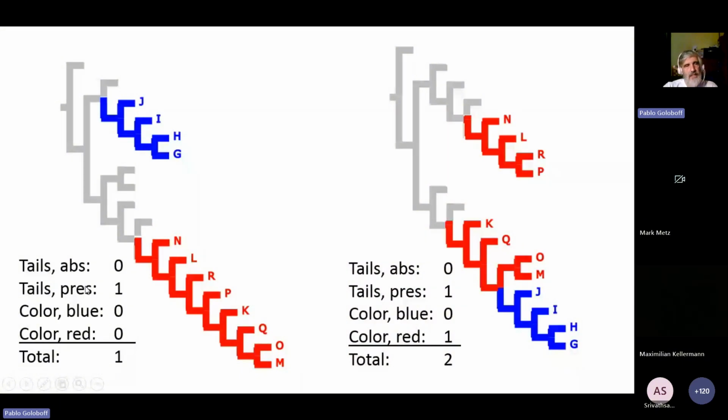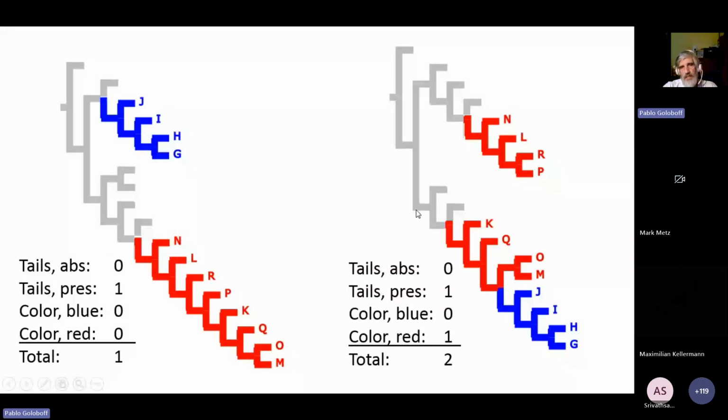How many cases are there of a tail being present and the ancestor not having a tail? There are two. You subtract one and you have one case of homoplasy in the tail. So the total for blue, there is just one origination from something that does not have blue. If you subtract one, that's a homoplasy, that's 0. Same thing for red, 0 and 0. So the total homoplasy for this tree is one step of homoplasy.